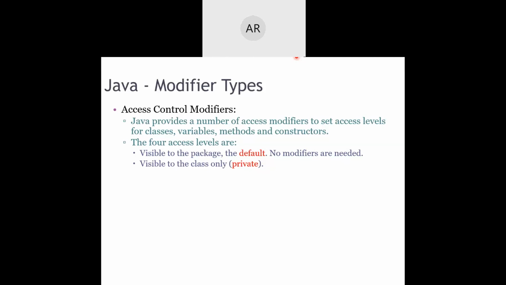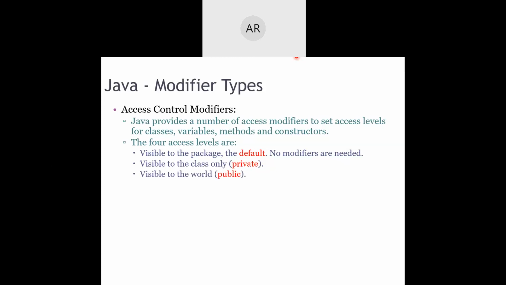Now, one is default, and this default doesn't have any name or keyword. So all you need to do is leave it blank. You need not mention even the default keyword. Second category is private. If you make any variable, class, or method private, it is valid only within the class in which you have declared it.